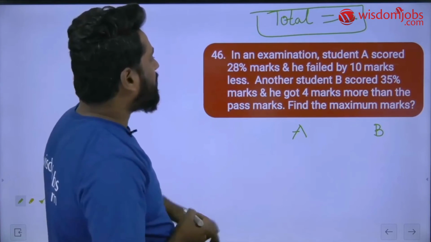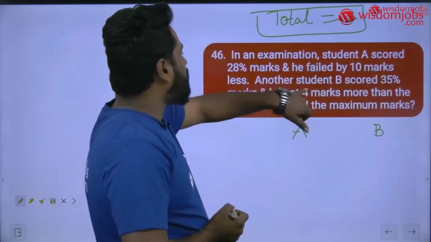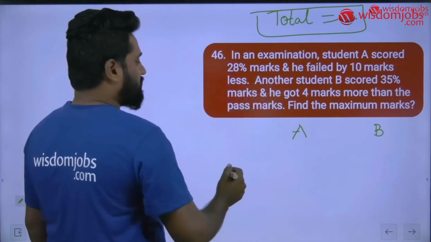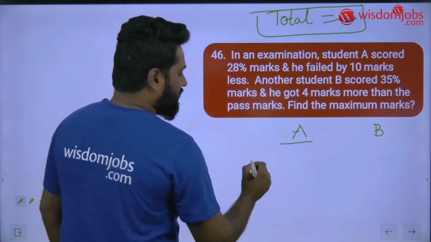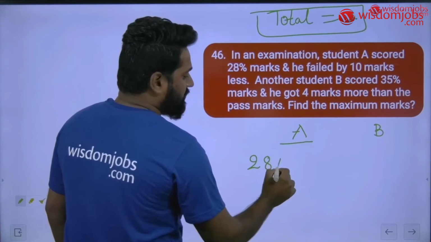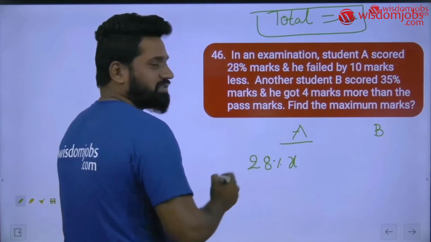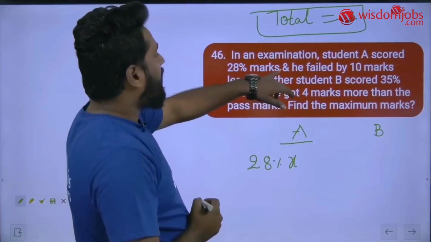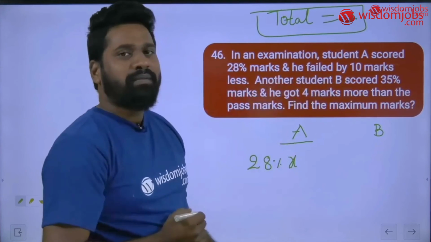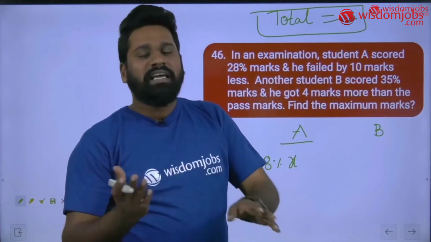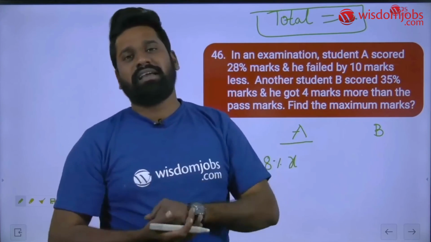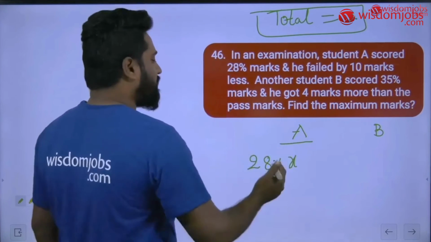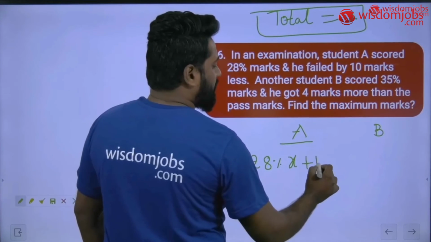Out of this x marks, student A scored 28% of the marks. So I am writing student A, 28% of the marks, that is 28% of x. And he failed by 10 marks. That means if we add the 10 marks, then he will become pass. So I am adding plus 10.